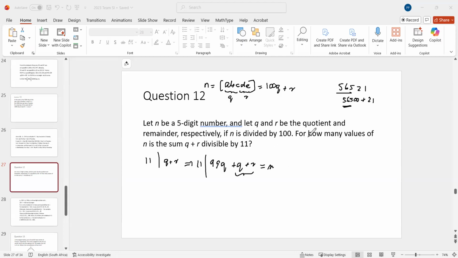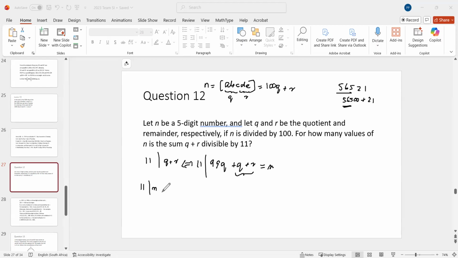So we want to know, for how many values of n is 11 a factor of n? See? This works both ways. If 11 is a factor of this, then when I subtract a multiple of 99 like this, it still works, that arrow can go both ways. Okay, but this is your n. So 11 divides n.